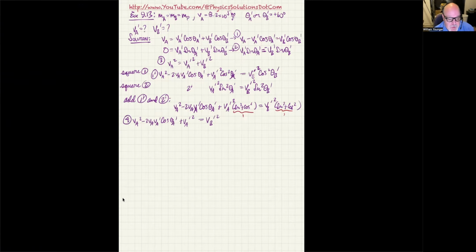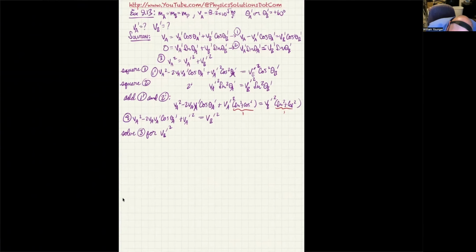Now all I have to do is use equation 3 to get rid of one of my unknowns. So for instance, I'm going to solve equation 3 for vb prime squared.